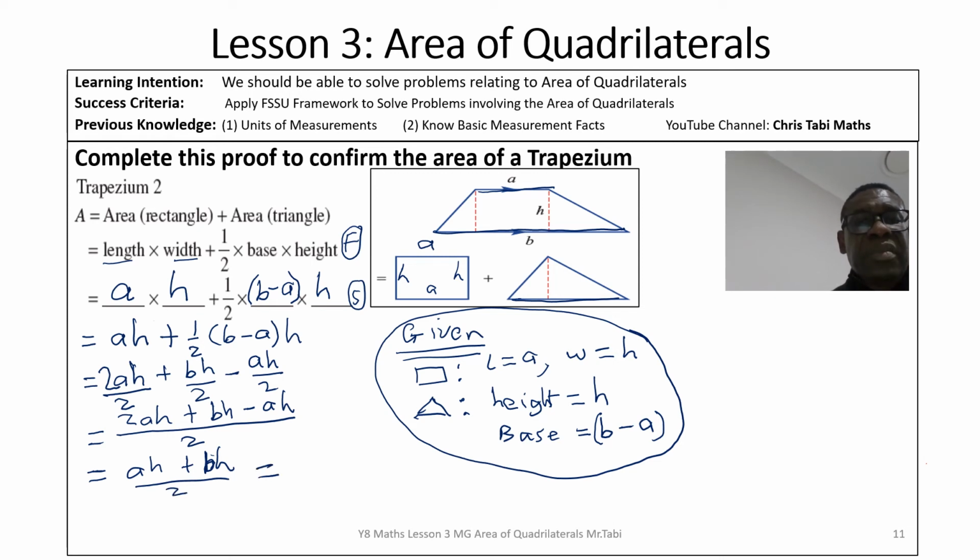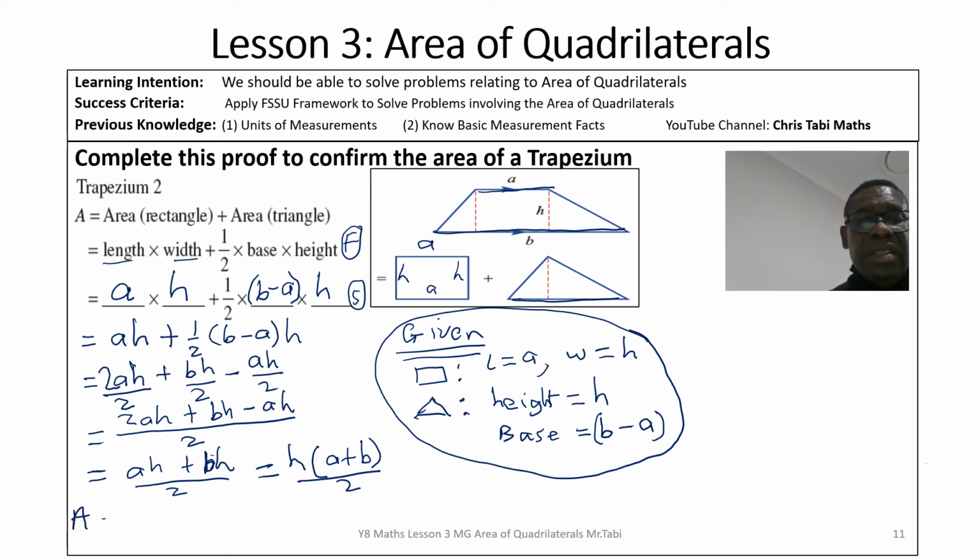Now, at this point, we can factorize the H out. And you have A plus B all over 2, which is the area of the trapezium.